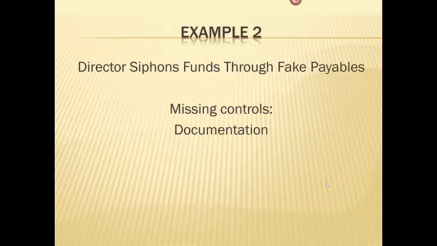And then finally, another example is that I worked for an educational institution one time where a director siphoned money through fake payables. The biggest problem here was that from a documentation perspective, a lot of times documentation did not exist for the payment. Another problem identified was pre-numbering, being able to trace these things.